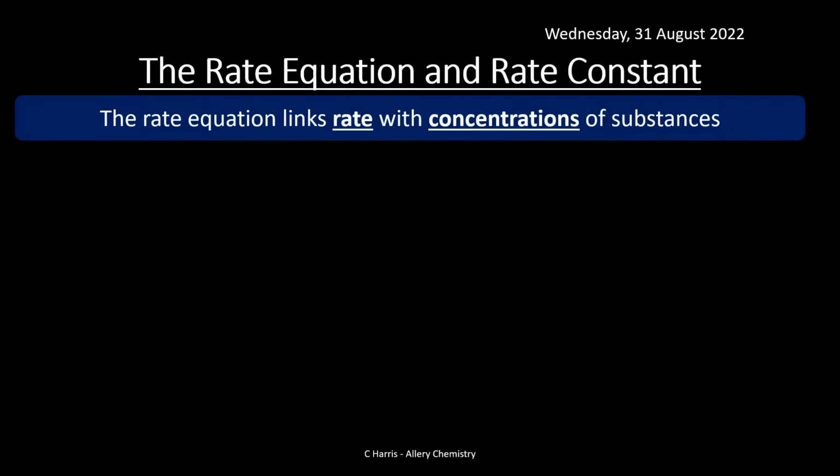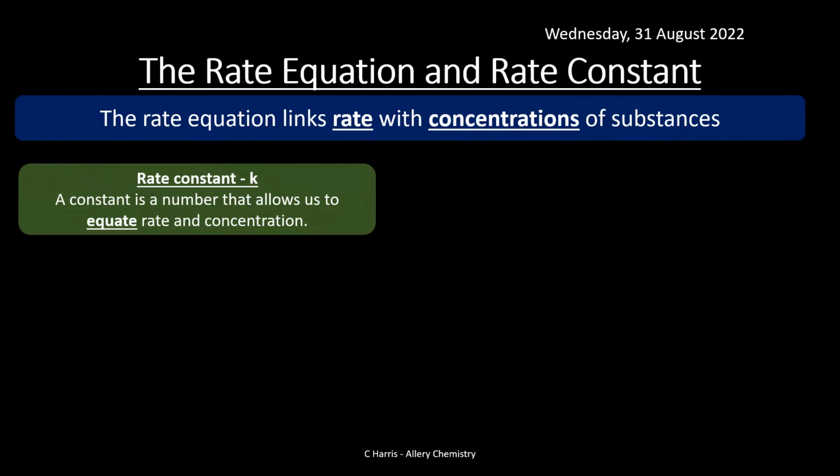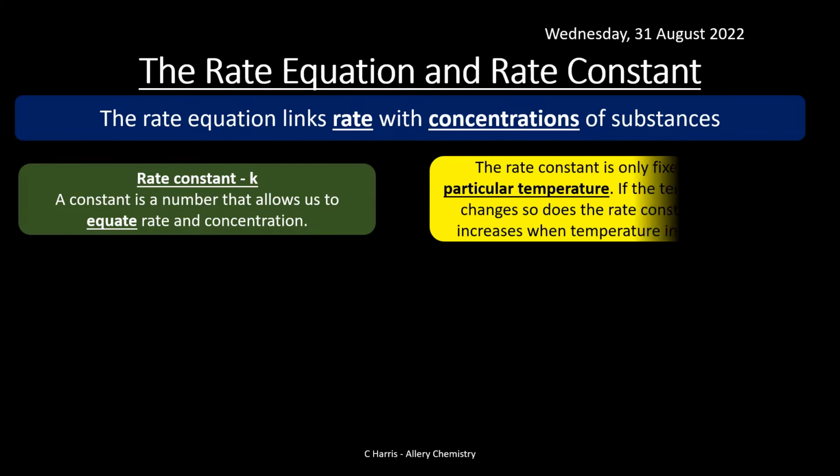Okay, so the rate equation obviously links rate with concentrations of substances. That's what we've just seen before. The rate constant, which was K, is a number that allows us to equate the rate and concentrations of these substances together.